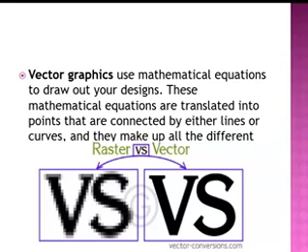But raster graphics follow .jpg, joint photographic image file format, and .png files. But plotters follow vector graphics, which use mathematical equations to draw lines, images, designs, etc.